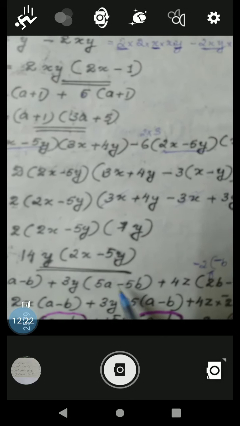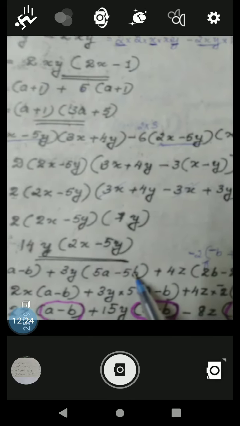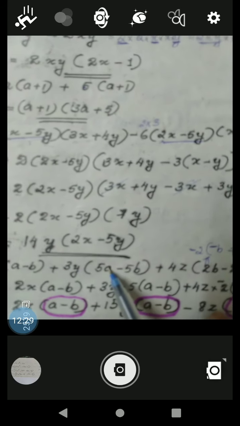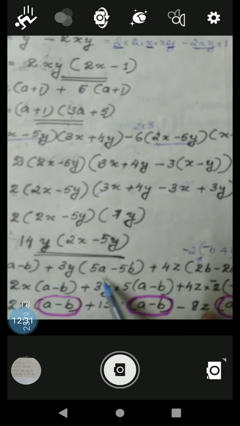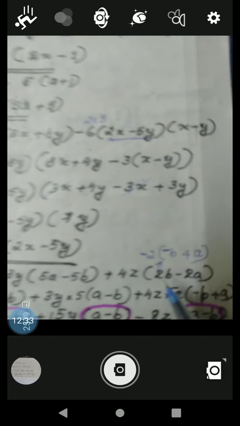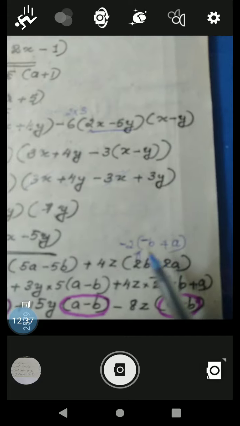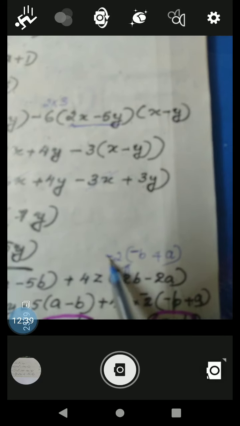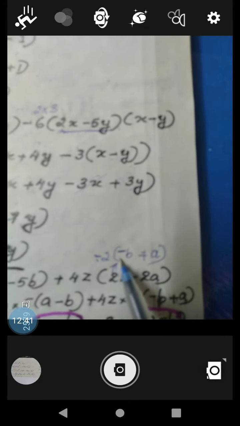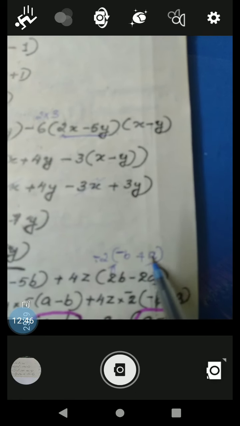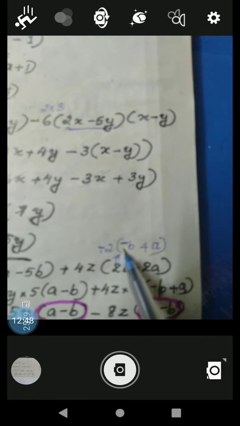In the second term, 5a minus 5b. If we take 5 outside, we get 1 (a minus b) here. Okay? And the last term, 2b minus 2a. If you take minus 2 outside, the bracket becomes minus b here, plus a here, that is a minus b.